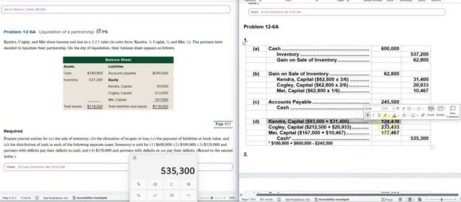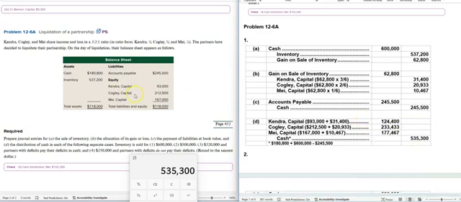Kendra will get $124,400 in cash. Cogley's capital went from $212,500, increased $20,933 for share of the gain.  Cogley's capital will go to $233,433, as the capital is bought out, and Cogley gets cash of $233,433.